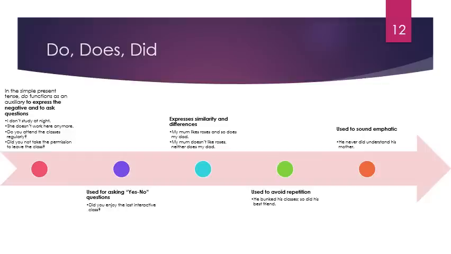So likewise, you can have the usage of the word do, does, did when it comes to the modals. These three words may also be expressing similarity or differences. My mom likes roses and so does my dad. So if you see the green dot and just beneath that green dot, it is written used to avoid repetition.